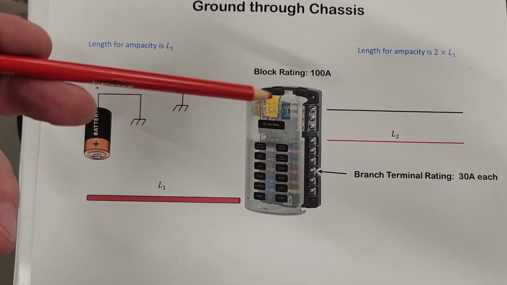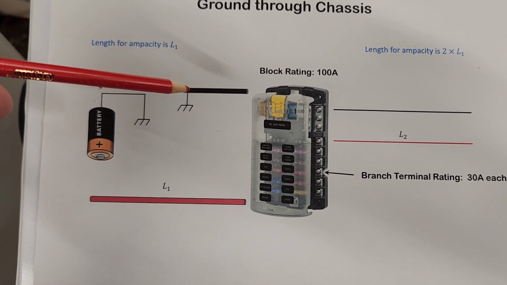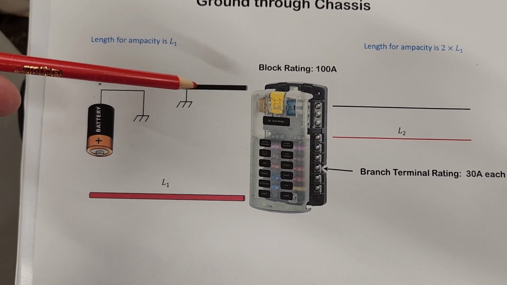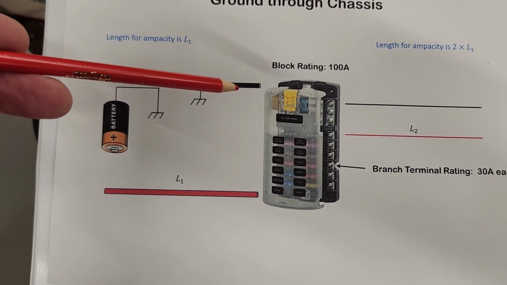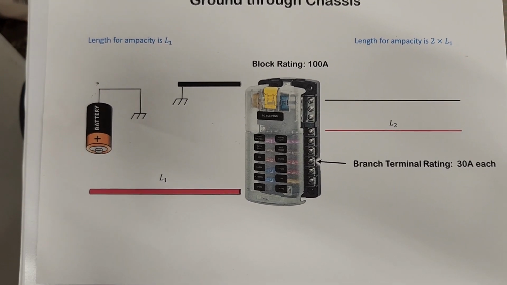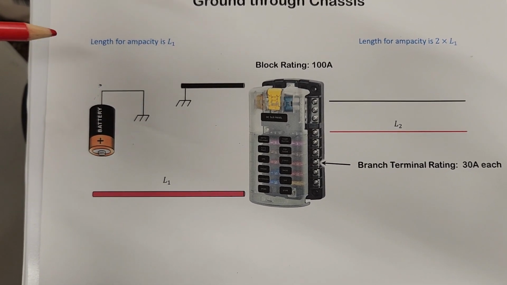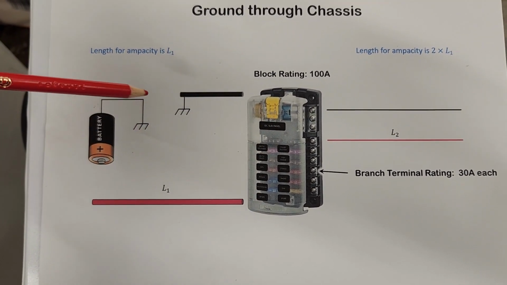Like on these 100 amp fuse blocks or distribution blocks, typically it always ends up being 6 gauge wire if you're curious. Maybe if you get an especially long run, it might go to 4 or 2, but 6 gauge usually works for these for reasonable wire runs.